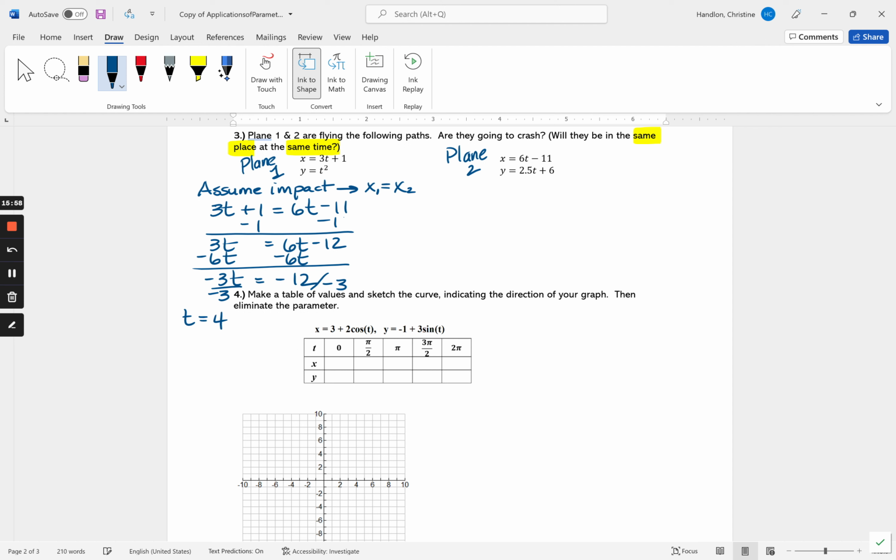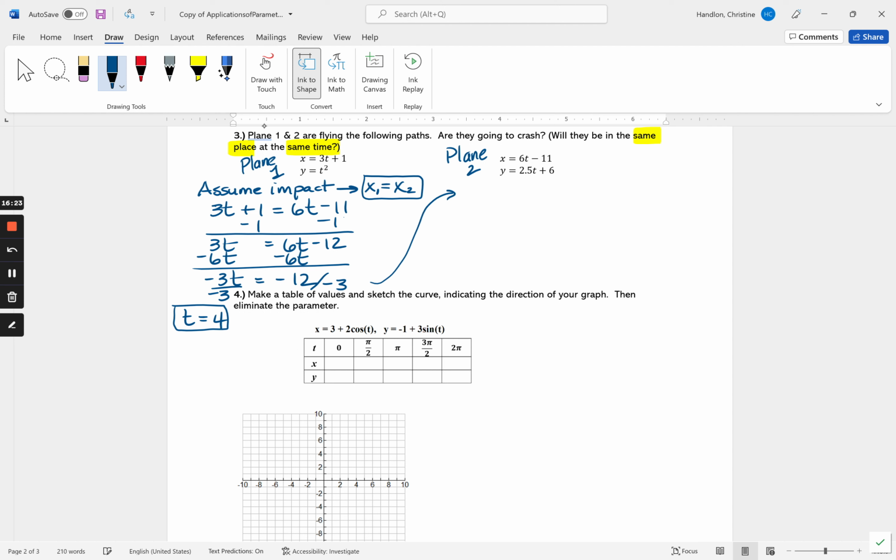So if they indeed crossed each other, they impacted, they crashed, so their x has to be the same. And if their x's are the same, the time of impact was 4 seconds for both planes. So far we have established that as x is the same, the t value is the same.